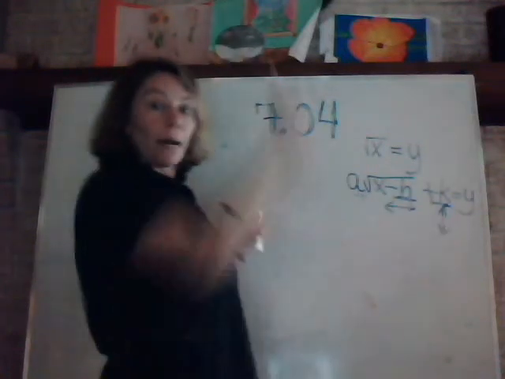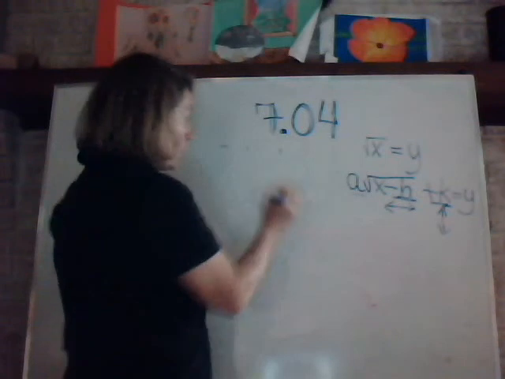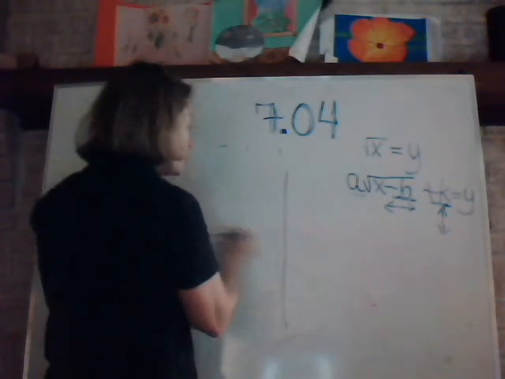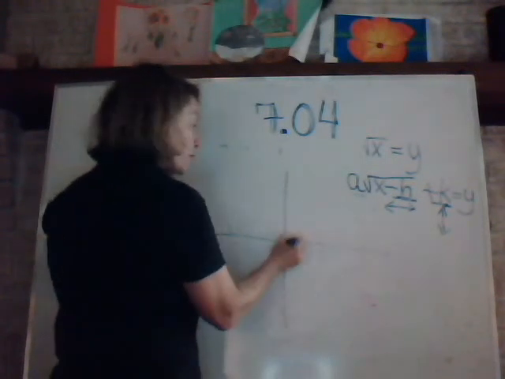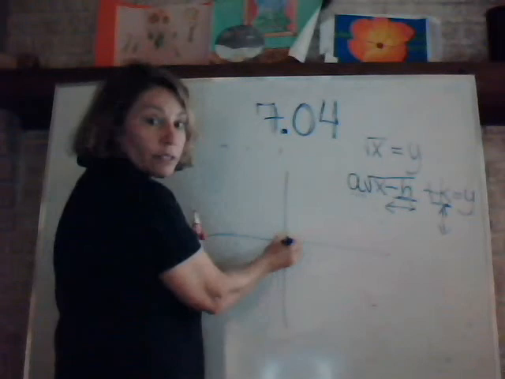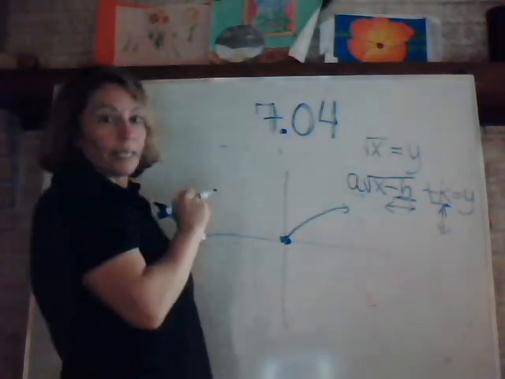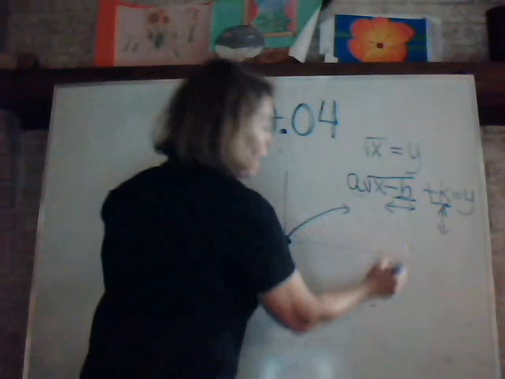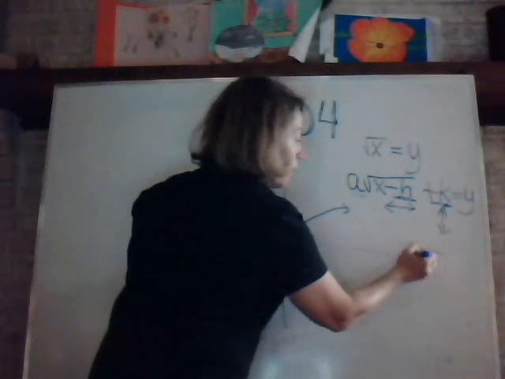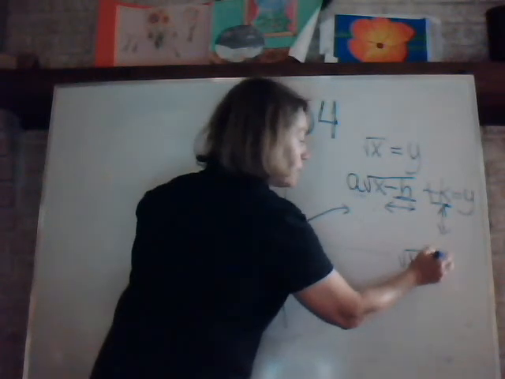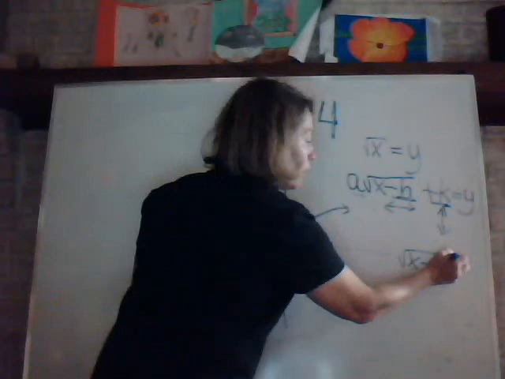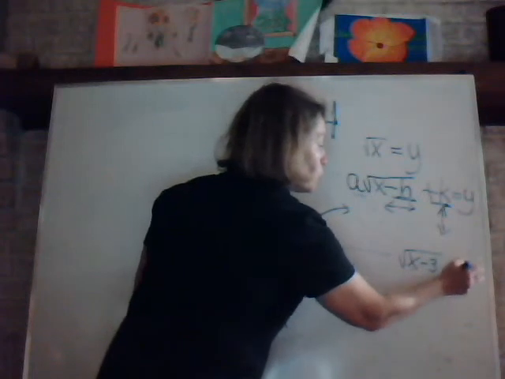Okay, it's my up-down shift. So if I start my parent function at 0, 0, and we're going to keep A as 1 for this example, I'm going to have the square root of x minus 3 minus 2.